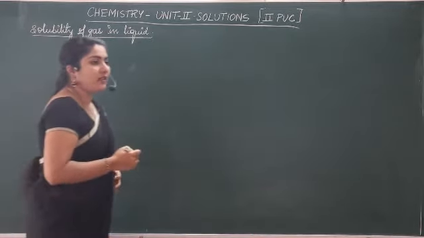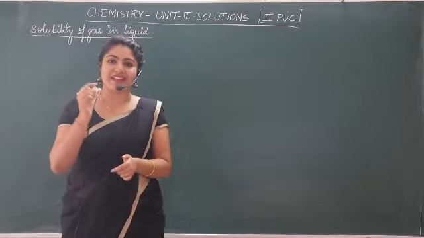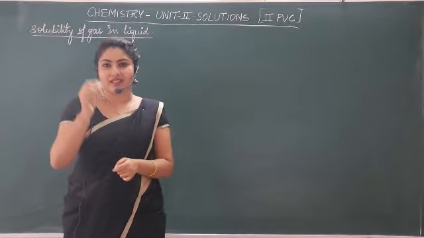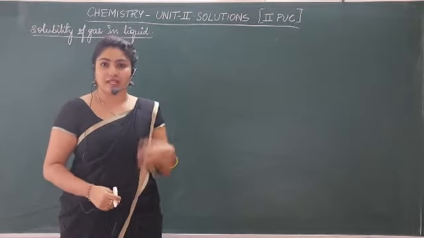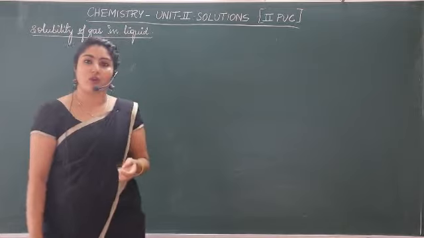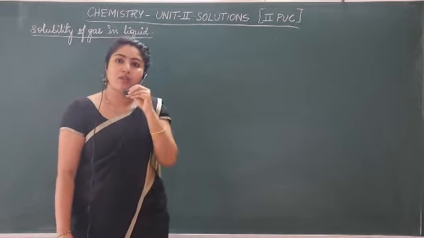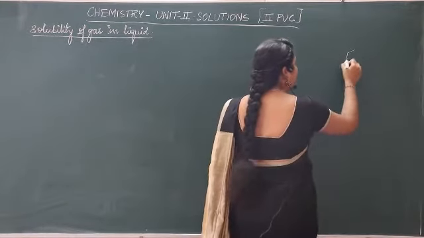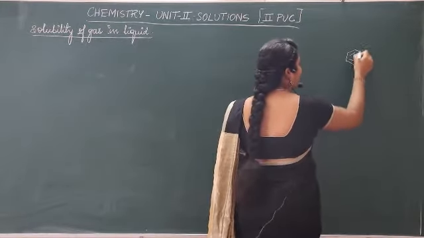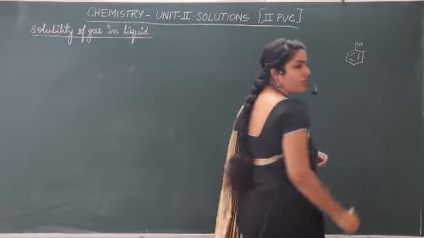Before that, a few students reminded me, and I'm thankful to them, that there were some mistakes in the structure that was explained in the previous video. That was for para-nitrophenol. When we were speaking about the bonding in it, the example which I had given had the NO2 group written here.